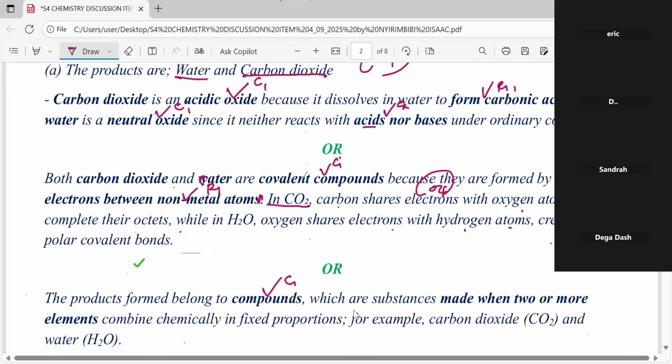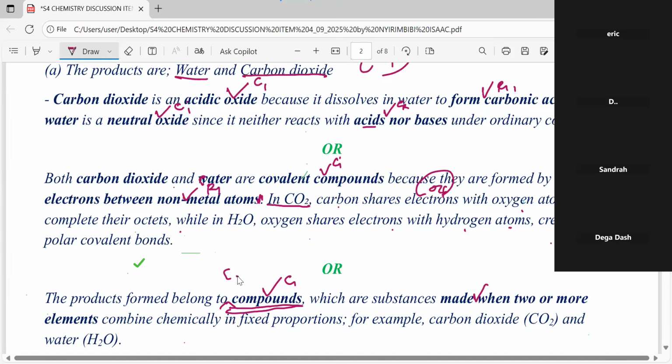The category: compounds, which are substances made when 2 or more elements combine chemically in fixed proportions, or because they consist of more than 2 elements which are chemically combined together. There is a learner who may give such a point. And isn't that learner also correct? But which kind of compound? I may not advise you to always use this, because the kind of compound we have is the covalent compound.